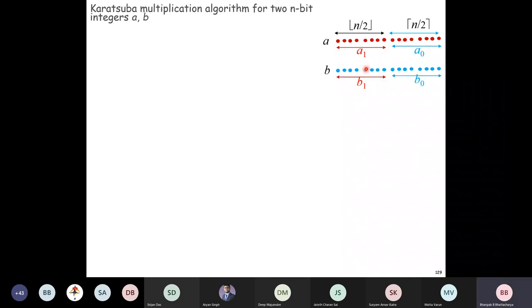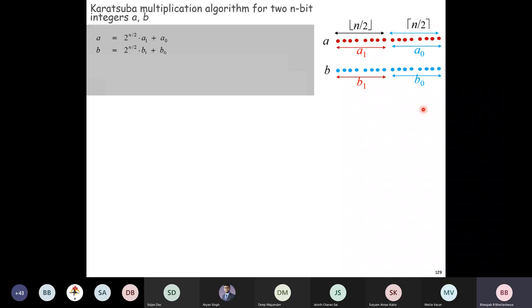And similarly, you partition b into two parts, and let the number represented by the first part be b1, and the number represented by the second part, the least significant part, be b0. If I partition this way, can I write the original number a as 2 to the power n by 2 times a1 plus a0? And similarly, b is 2 to the power n by 2 times b1 plus b0. Do you agree with this?